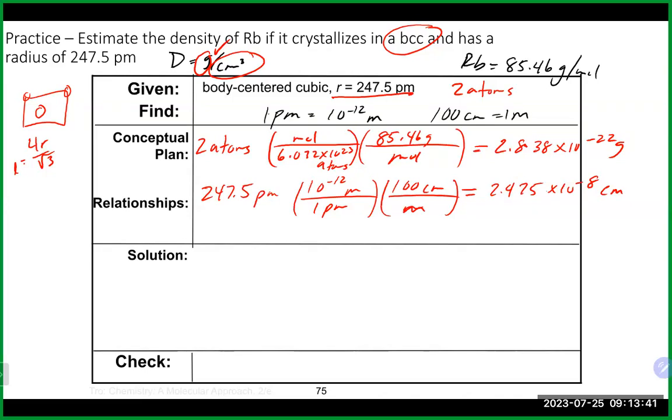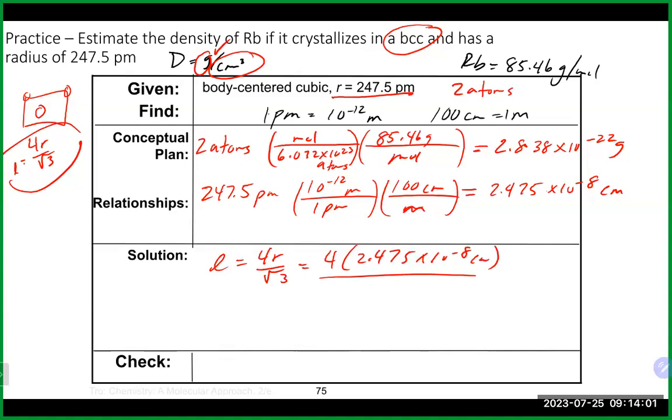Any questions so far? Now that I have it in the right units, we're going to apply our length calculation to get the length of an edge of that unit cell. So our length would be 4 times r divided by the square root of 3. That would be 4 times 2.475 times 10 to the minus 8 centimeters divided by the square root of 3.